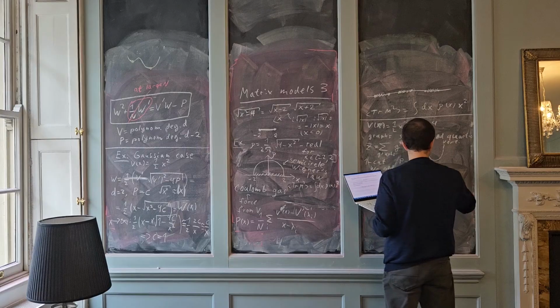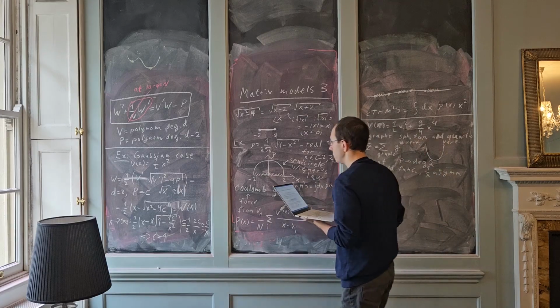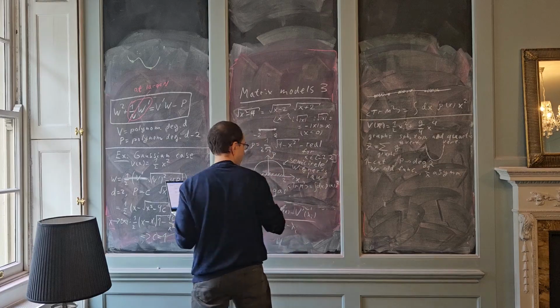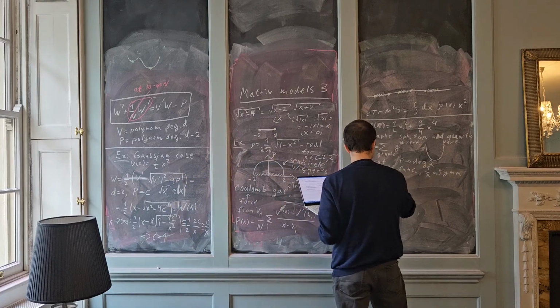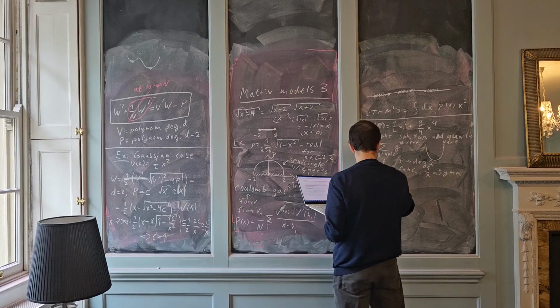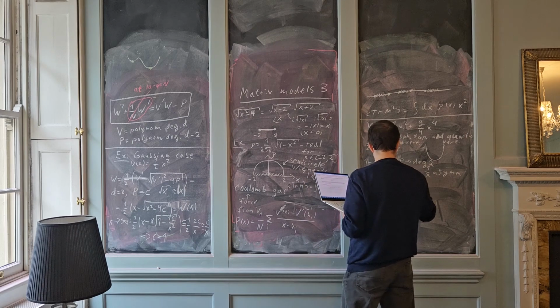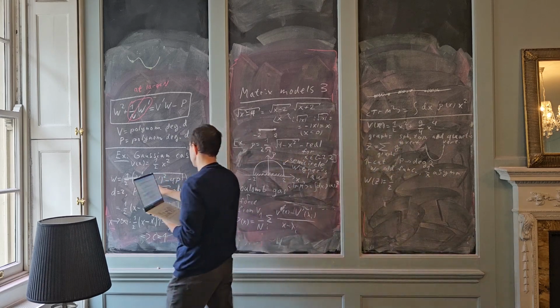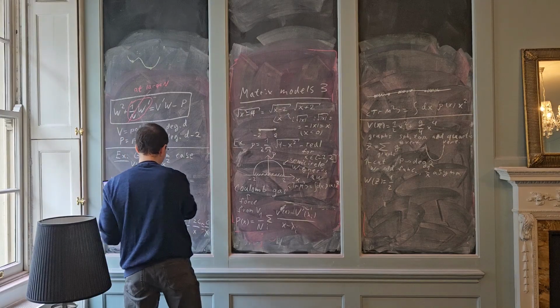So we know that it has 1 over x asymptotics. It has one cut and no other singularity. Since it has no other singularities and only one cut, then the only way that it can look is: it is a polynomial plus the square root of a polynomial.